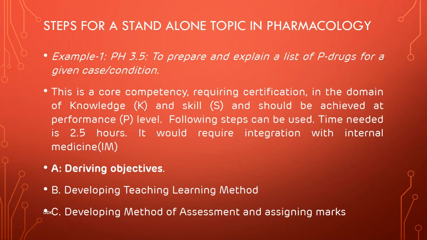It is a core competency requiring certification, knowledge domain, and skill domain, and performance level is the achievement level. Therefore, the following steps can be taken in the given time. Time required for certification and proficiency would be 2.5 hours. This is what I think. It can be 2 hours, it can be 3 hours. You can develop your own methods, derive objectives, develop TLM, and develop assessment and assign marks. So this is how I would be doing it.